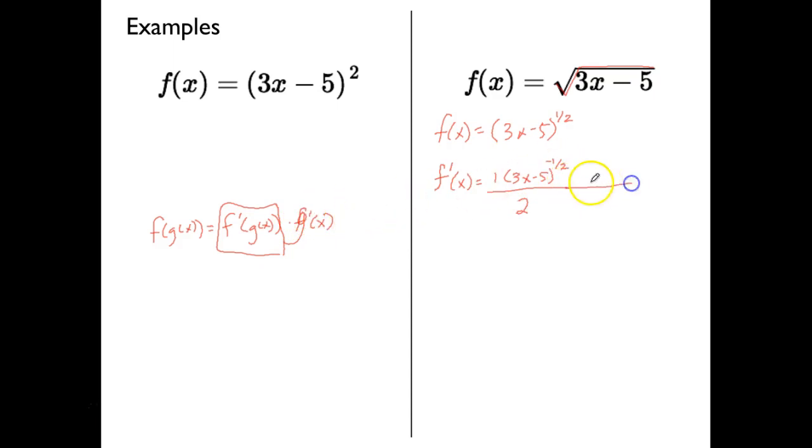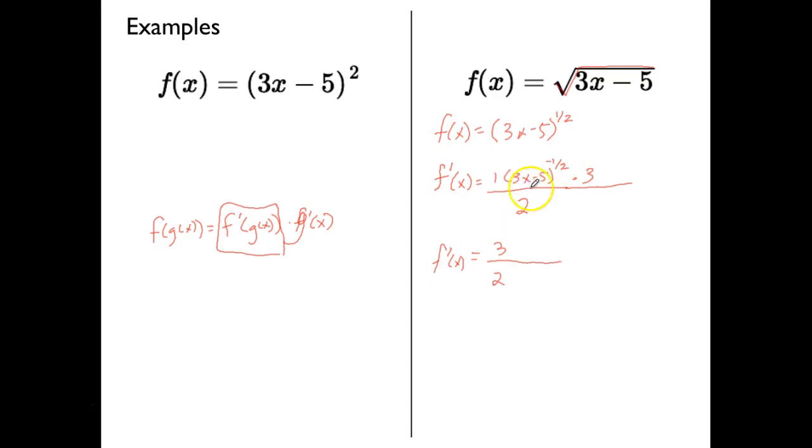Now we still need to do times the derivative of the inside. The derivative of the inside would just be 3. Okay, so that is everything now. That is the derivative. I'm going to rewrite it so it looks nicer. I'm going to put this 3 times 1, so it'll be 3 on the front, over 2.